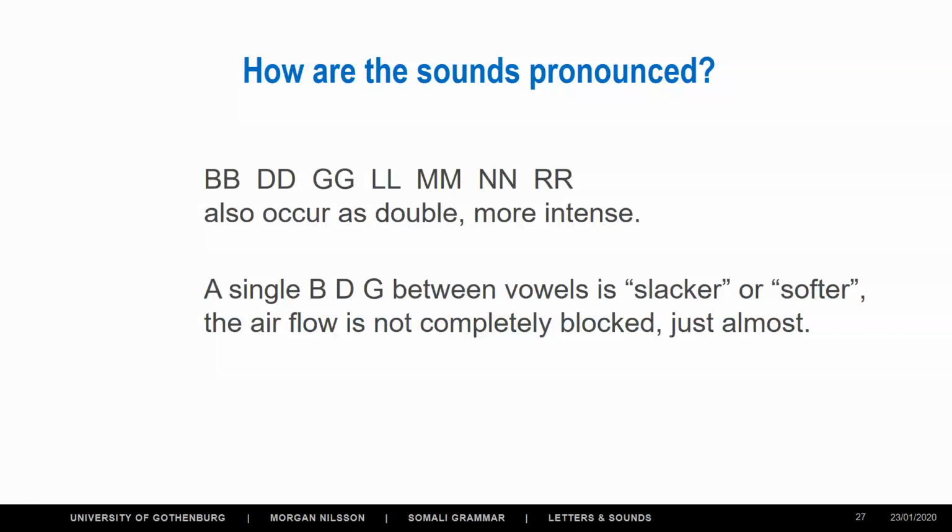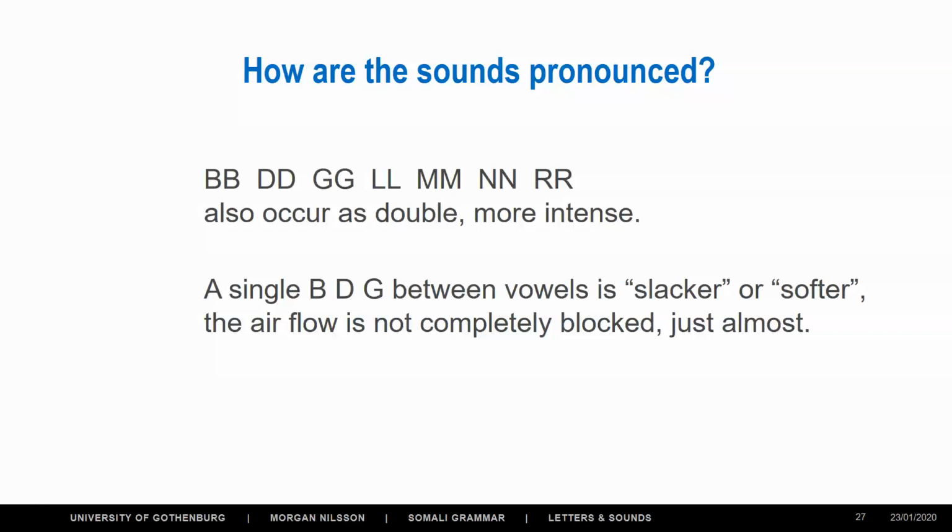And a single B, D, or G between vowels is, on the other hand, pronounced as slacker or softer, with less energy, not so intensely. And when these 3 letters are written as single, the airflow is not completely stopped or blocked.